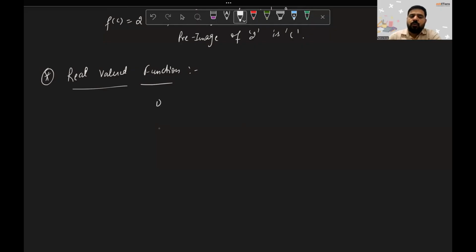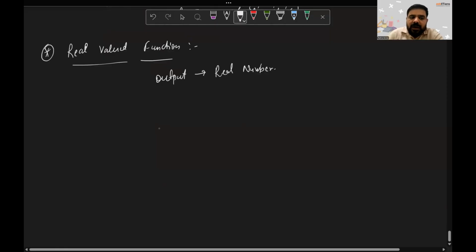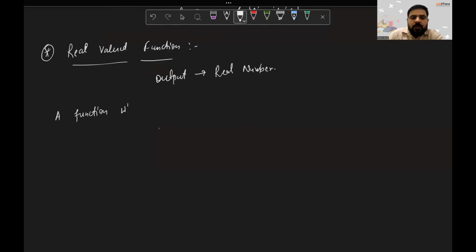So the output should be a real number. If I write it in different words, what exactly will I be saying? A function whose range, because output is given by range.